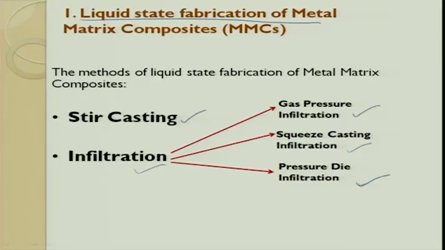In pressure die, the pressures are phenomenally high, which is used to inject the metal into the preform so that we get a good quality output. Aluminium pistons are made by pressure die casting. Squeeze casting is used for making very large area parts, and there has to be a preform.